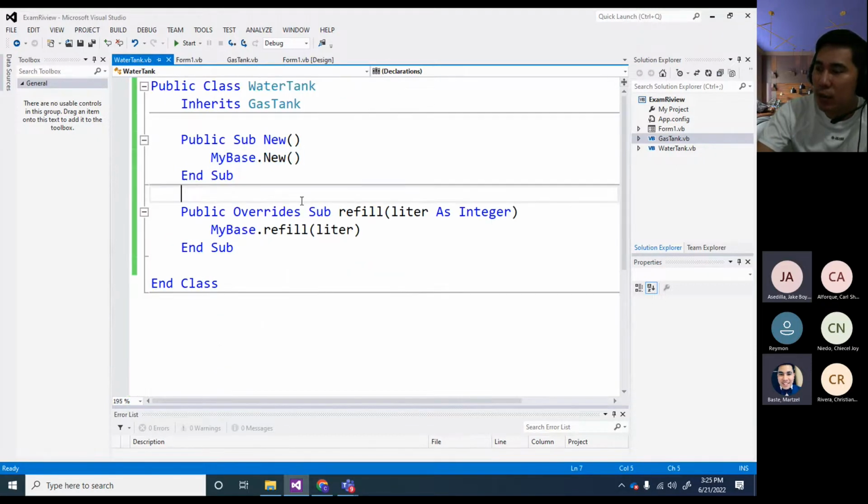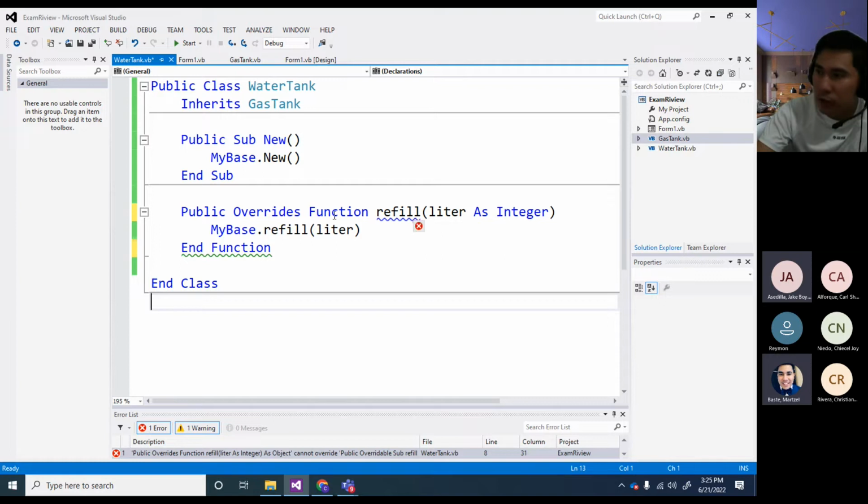So if you try to check, I can override it here and I can make changes. I can put in refill, for example, if I want it to return a value.